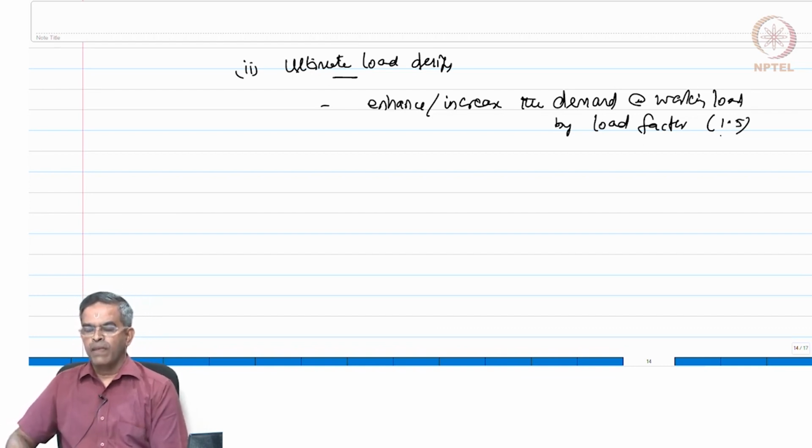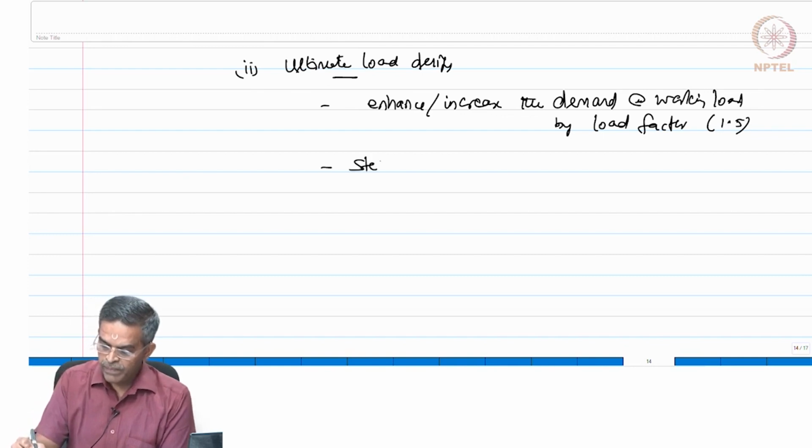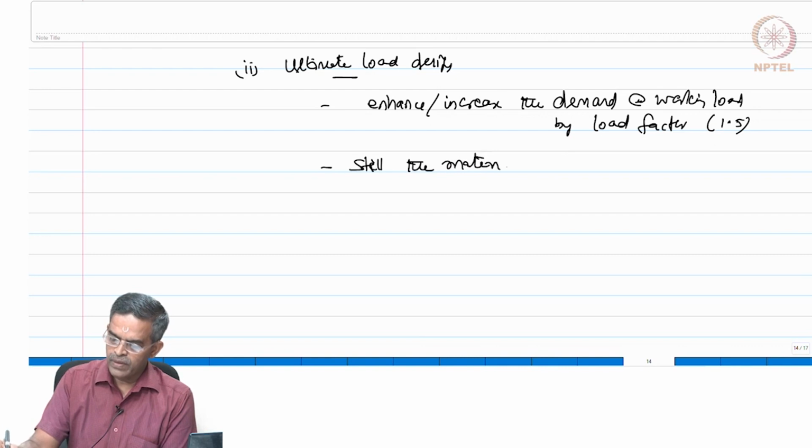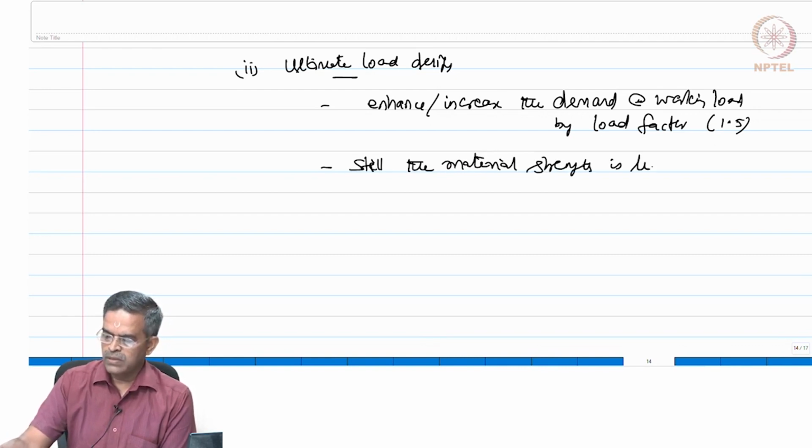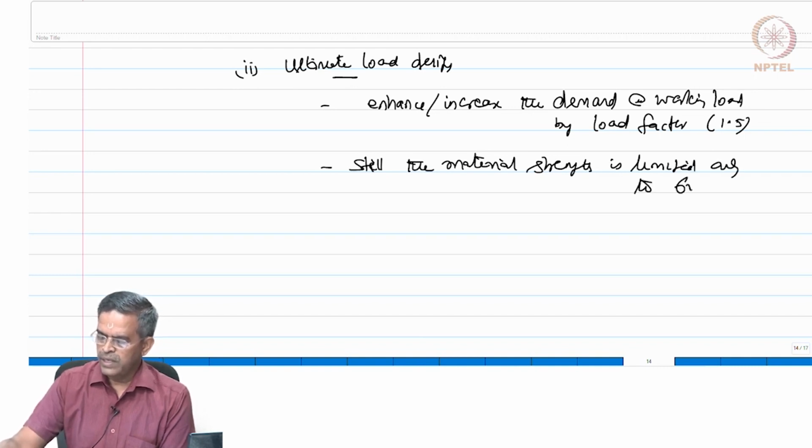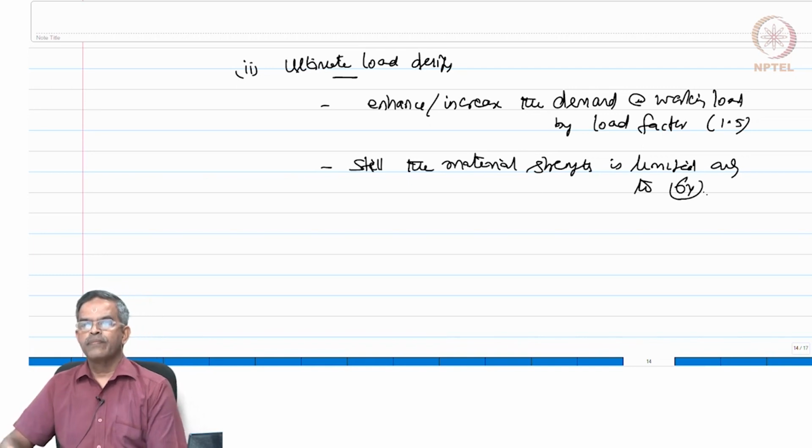Okay? But still the material strength is limited only to its yield value. Hence, the safety margin which was present in the working stress method remains unchanged, is it not?